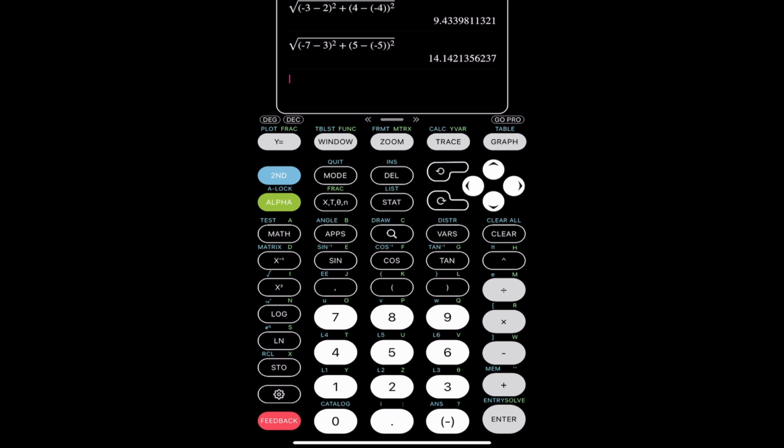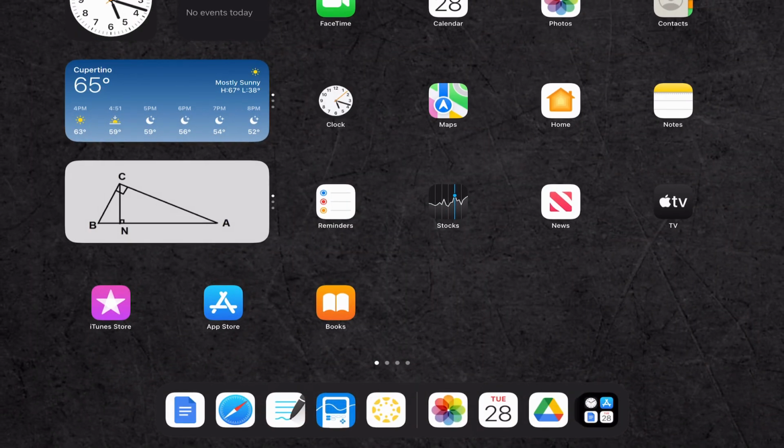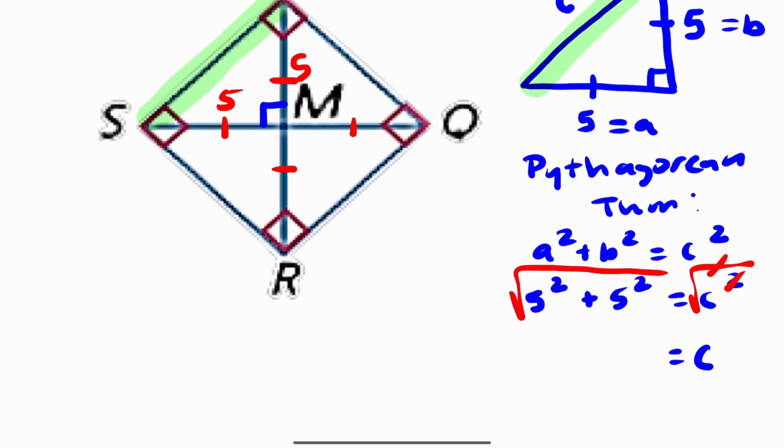Basically, you're going to press second, then the x squared button, and type in 5 squared plus 5 squared. Hit enter, and you got 7.07. I'm going to round to the nearest tenths, so C is equal to 7.1.